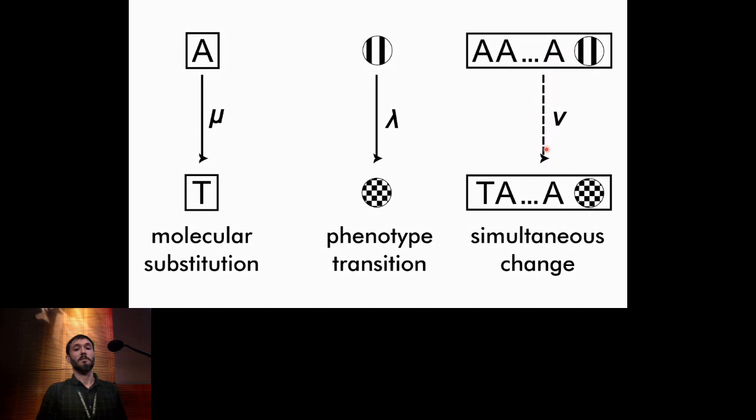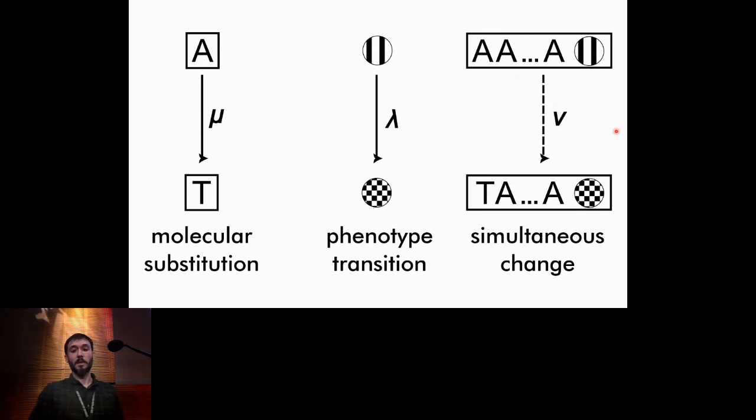Whenever a jump occurs of this type, then both the sequence and the phenotype change. And we have these base rates, which are the molecular substitution rate and the phenotype transition rate. And the idea is that if the gene and the phenotype are linked, then this rate will be more than 0. And if they're not linked, it will be small.